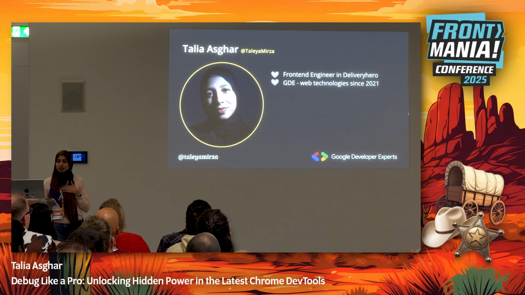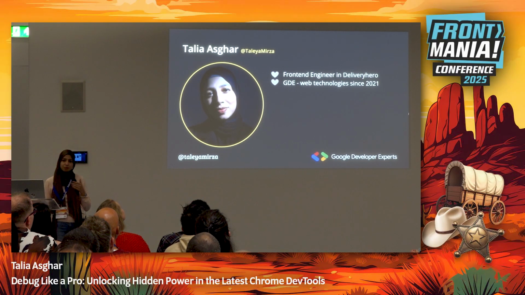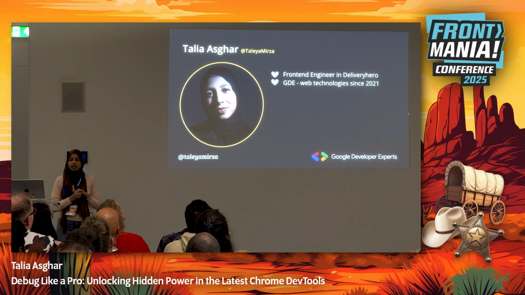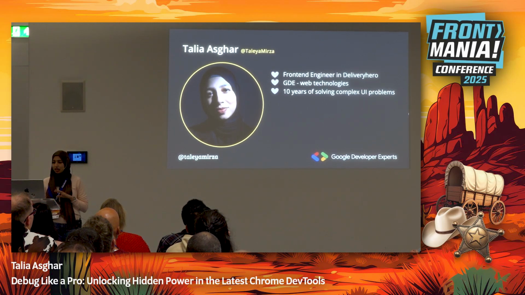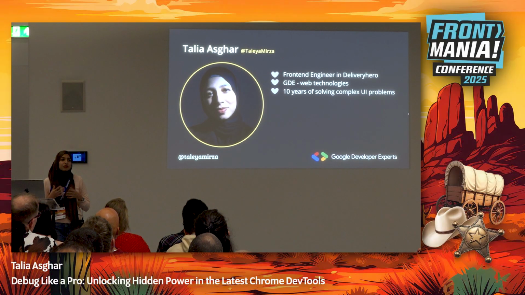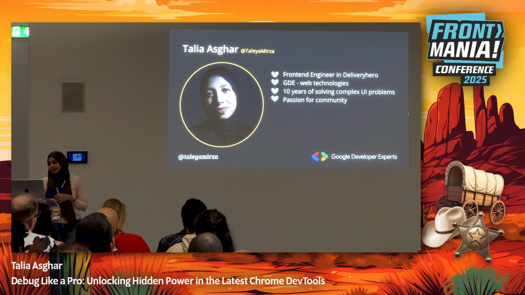I got this Google Developer Expert badge in 2021, and since then I am an expert for the web technologies. I have almost 10 years of experience solving different complex UI problems every day and exploring how to solve those problems and also how to be efficient with your everyday life through debugging.